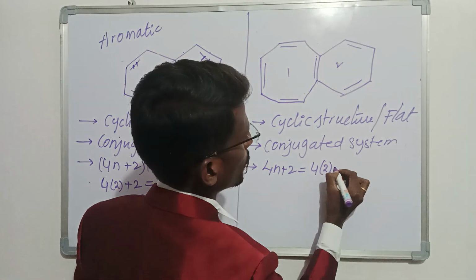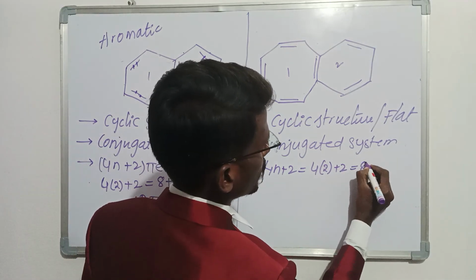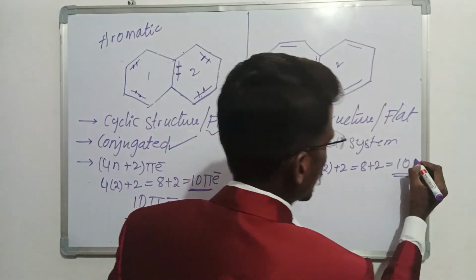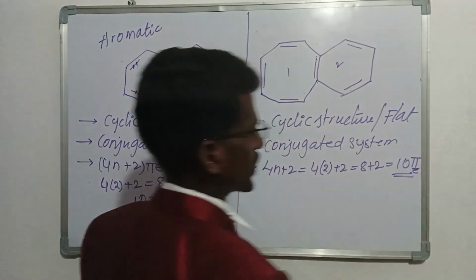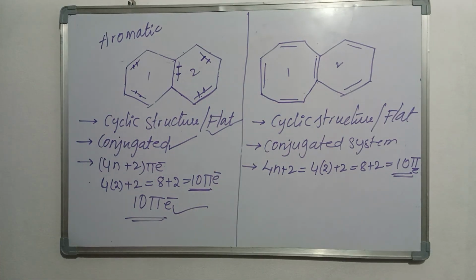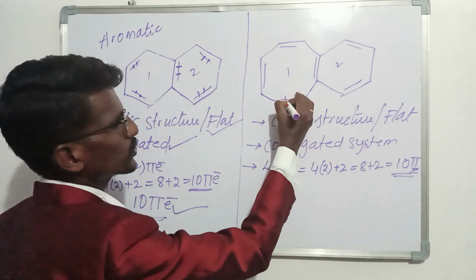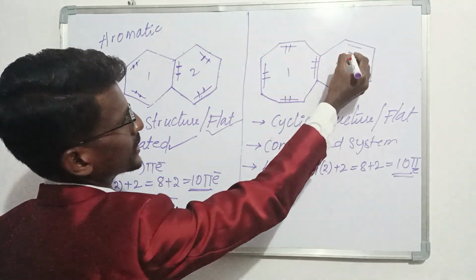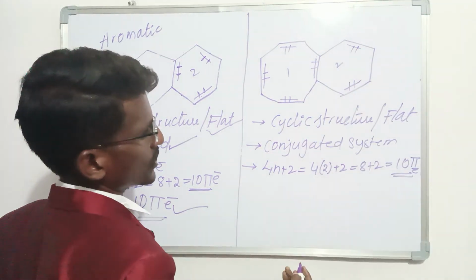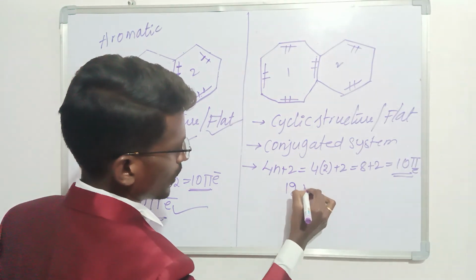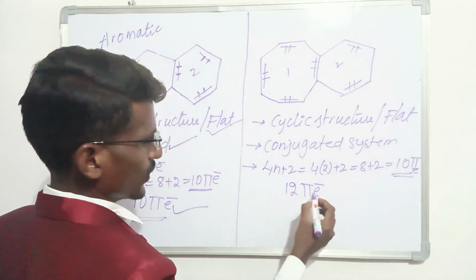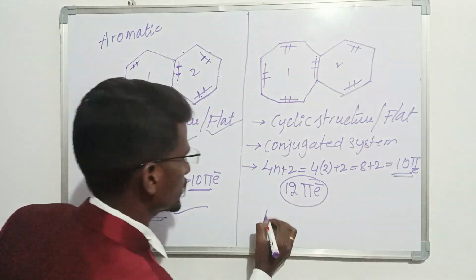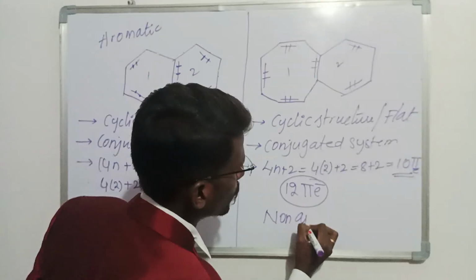So 4 into 2 plus 2, 8 plus 2, that equals 10 electrons. If it has 10 pi electrons, it is aromatic. Then we count 1, 2, 3, 4, 5, 6, 7, 8, 9, 10, 11, 12. So it has 12 pi electrons, two more electrons are there, hence it is non-aromatic.